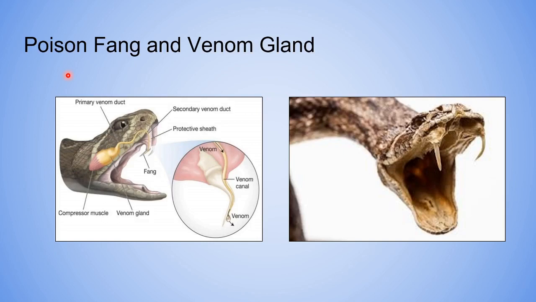So that is how the hemotoxin works, by destroying RBCs. And the other one, the neurotoxin, mainly paralyzes the major muscles, and the major one is the diaphragm, which is affected primarily, and that's why usually such venom leads to death due to asphyxia.